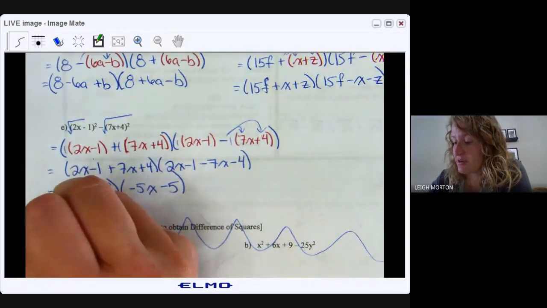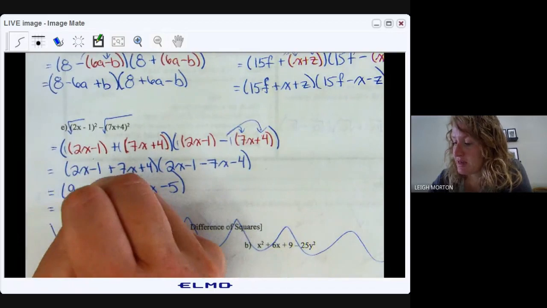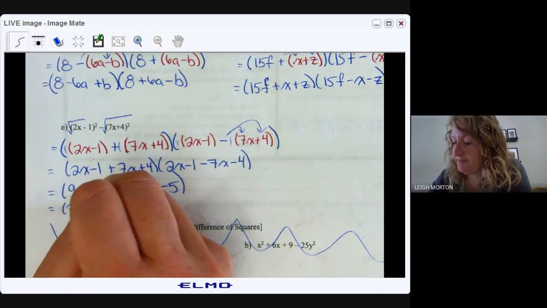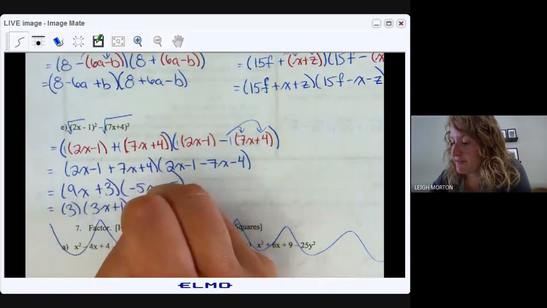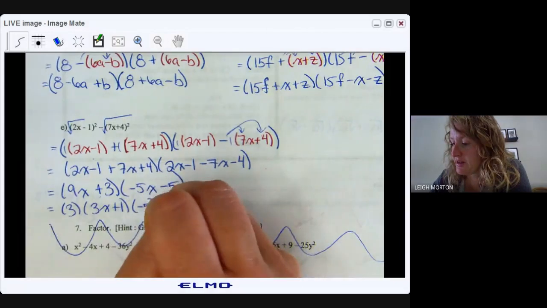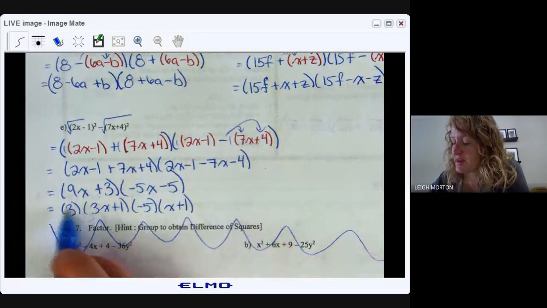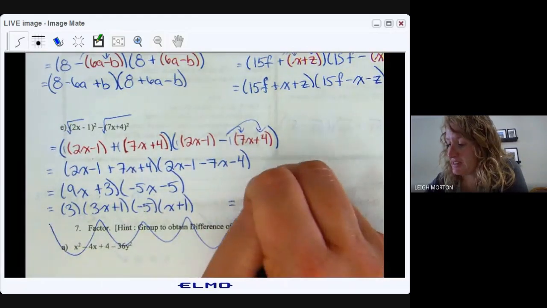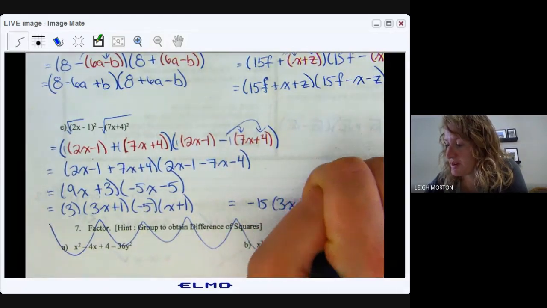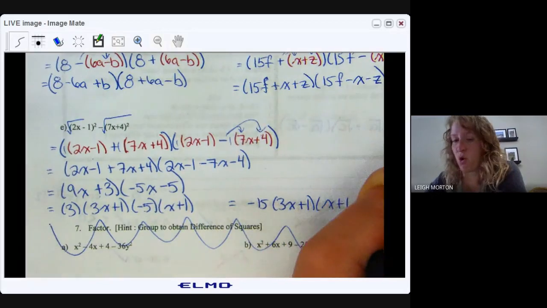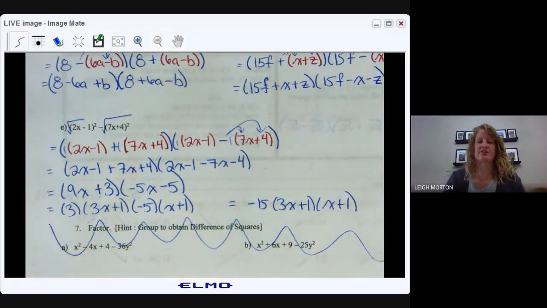So that would be 3 times 3x plus 1 times negative 5 times x plus 1. So 3 and negative 5, that actually gives me negative 15 times 3x plus 1 times x plus 1. Woo, that's a doozy. I'm not going to ask you guys to do that on a test.